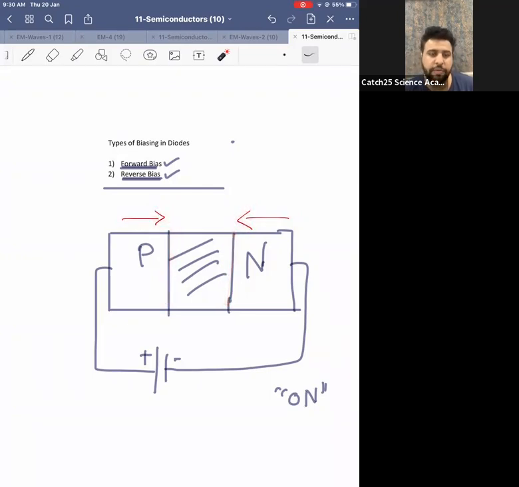And since they combine, a lot of current is generated. That is why the state is referred to as on state. And in this condition, the width of the depletion region decreases because they are pushing it this side. Is this much clear? This is called forward bias.